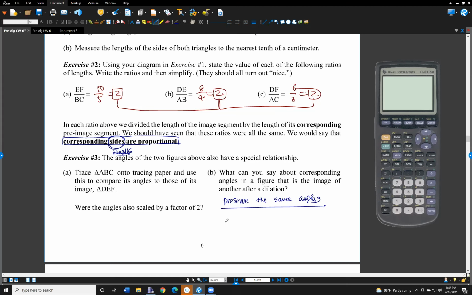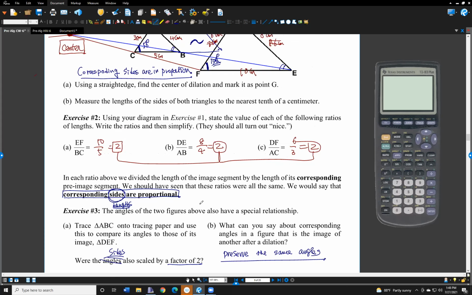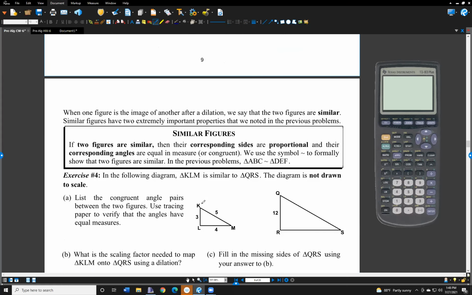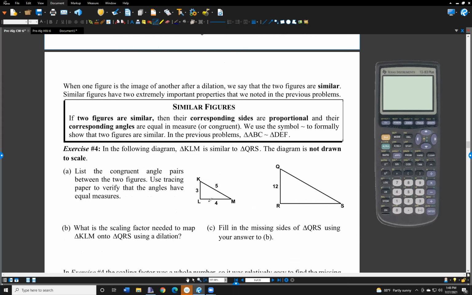No way. Angles don't change. Only the sides are scaled by a factor of 2, exactly twice. Similar over here. Don't forget about the angle, because the angle doesn't change. Only the sides increase with the same multiplier.